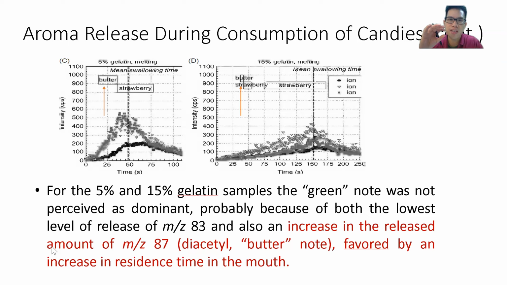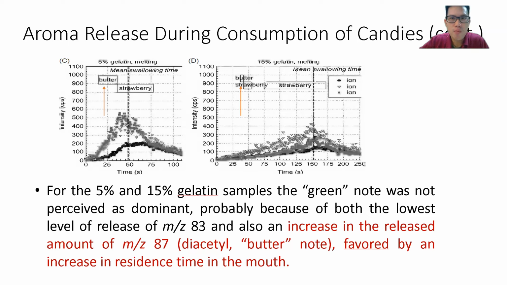They can detect the butter flavor first before the green and the strawberry flavor. But if you do not have enough residence time in your mouth, if you do not even chew, they can detect the strawberry flavor first. So the gelatin also changes the sequence of detection of these flavor molecules.